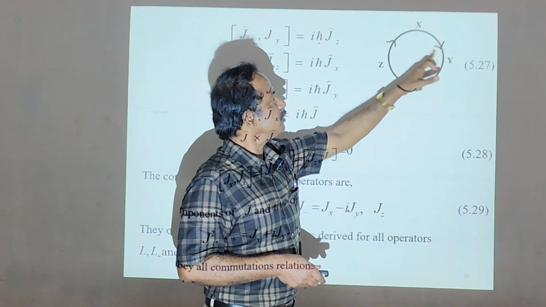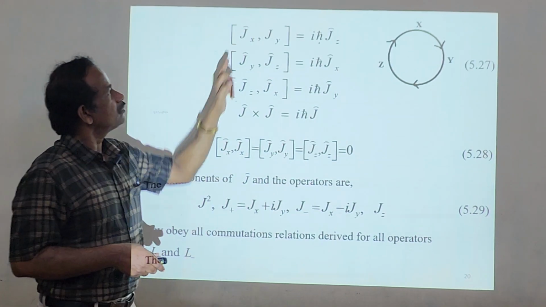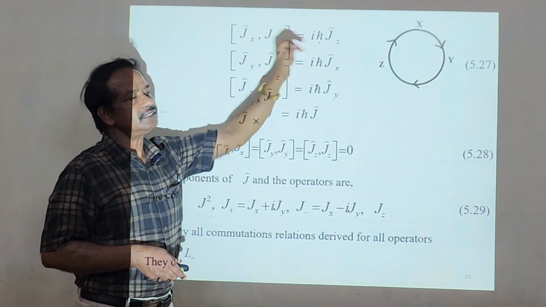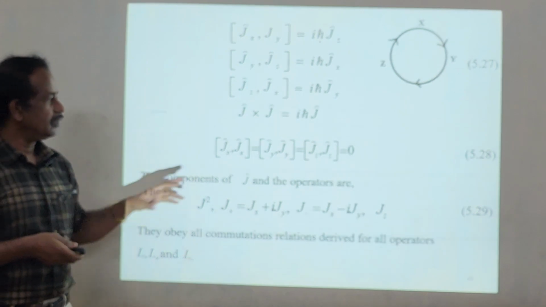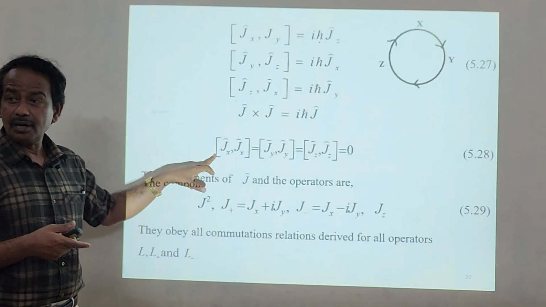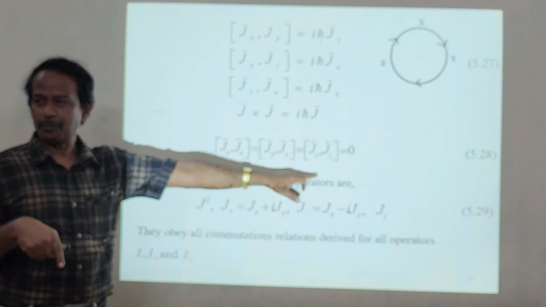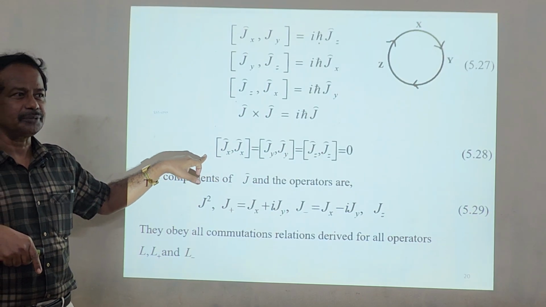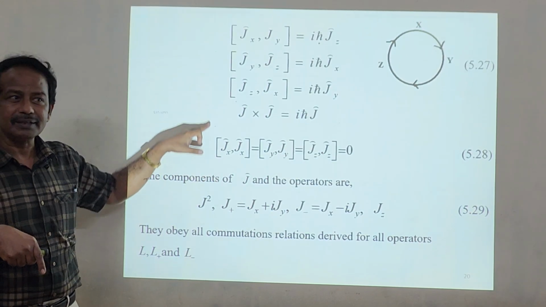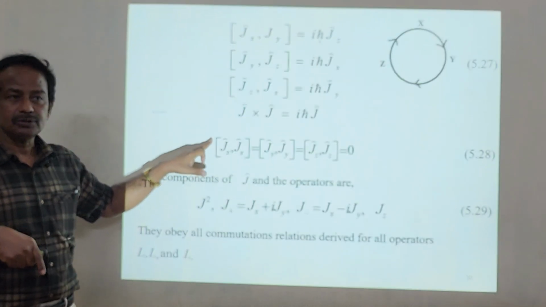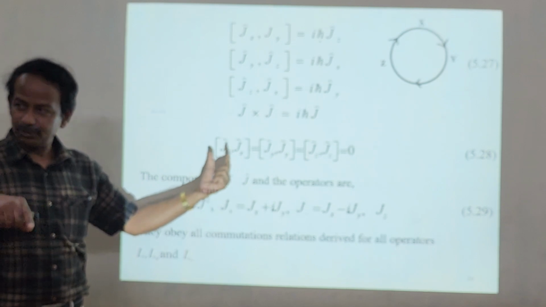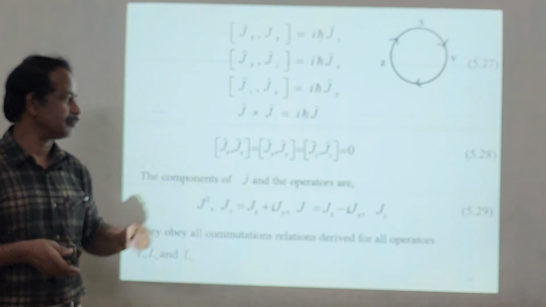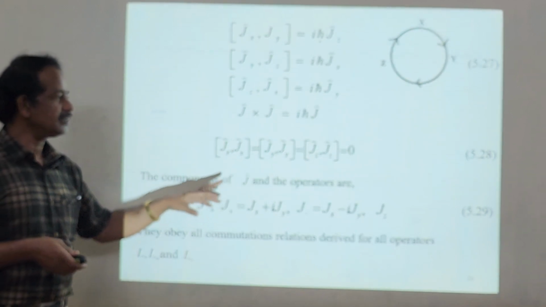If you take x, y, you will get Lz, so here also Jz. And the components themselves will not commute with each other, but J squared will commute with the components. So we can measure simultaneously J squared and one component.